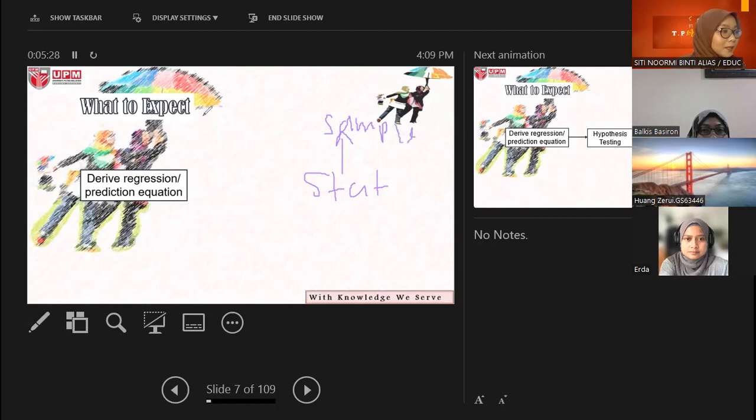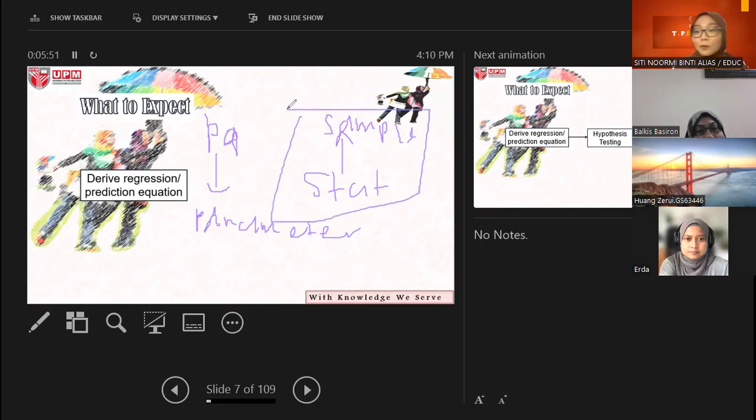If population, it is parameter. So that means basically if you do not use random sampling, you cannot use statistic. Statistic includes all the types of analysis. That is the basic principle.